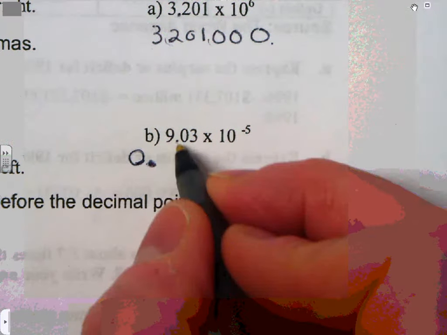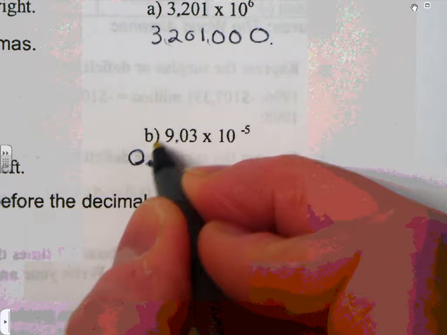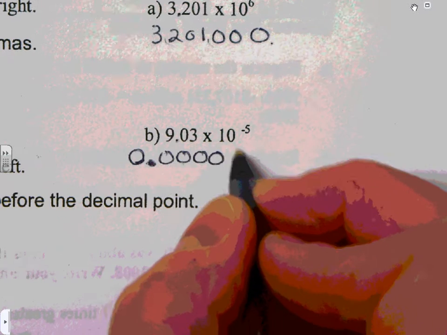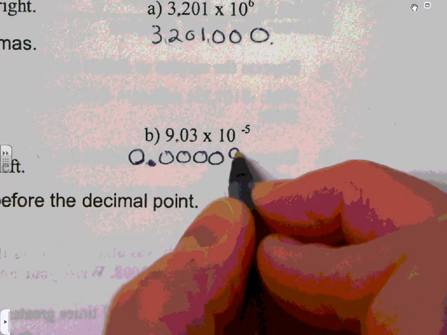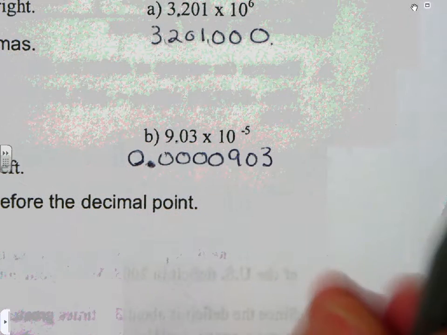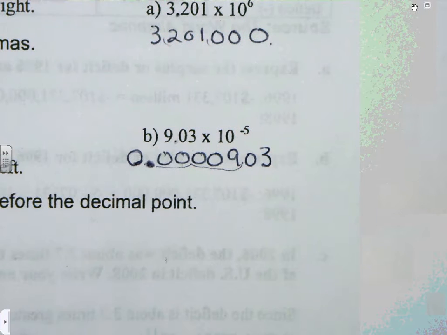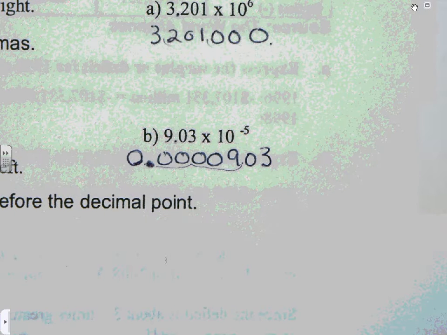So if my decimal is here and I have to move 5 spaces, so I'm going to have 4 zeros, then the 903. So I wound up having a total of 5 spaces by the time I got all done. Okay?